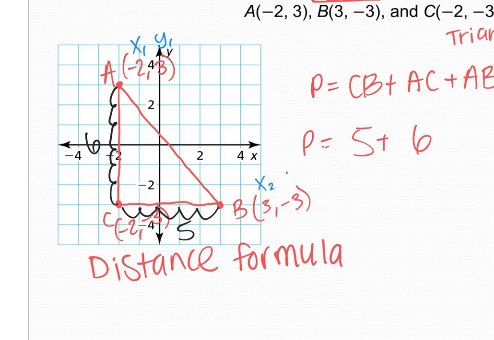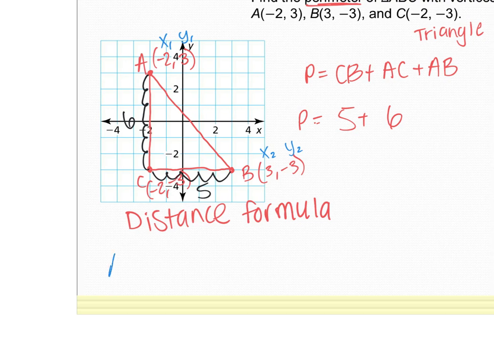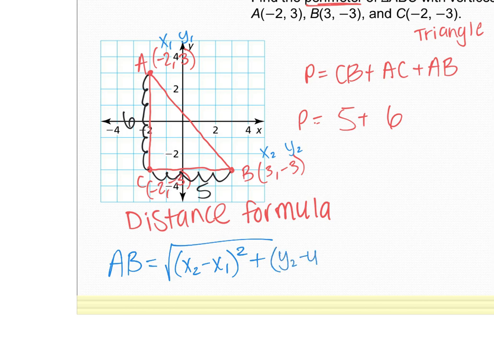X2 and y2. Perfect. Now, our distance formula says to find AB, it's going to be the square root. Does anyone know what to write here? Mario? Parentheses x2 minus x1 squared. Good. Plus? y2 minus y1 squared. Good.